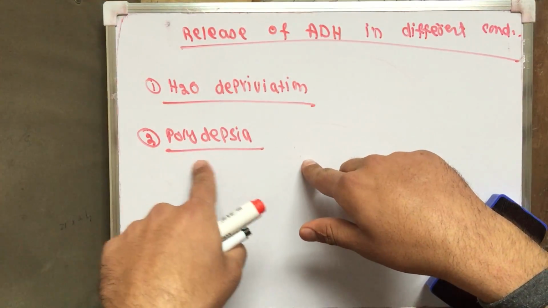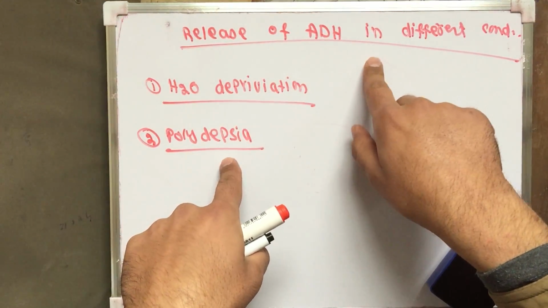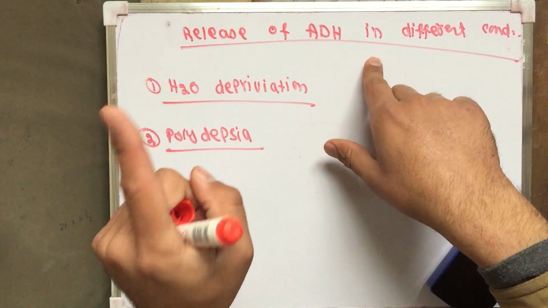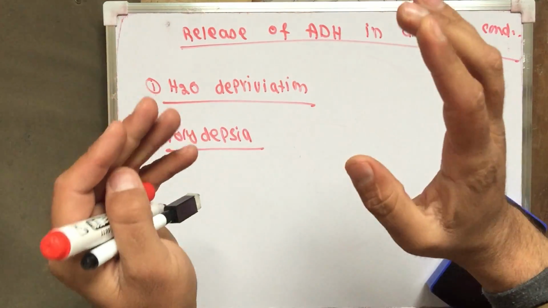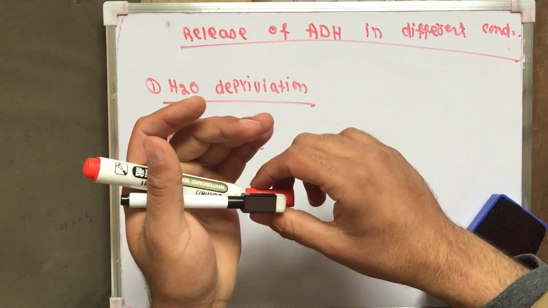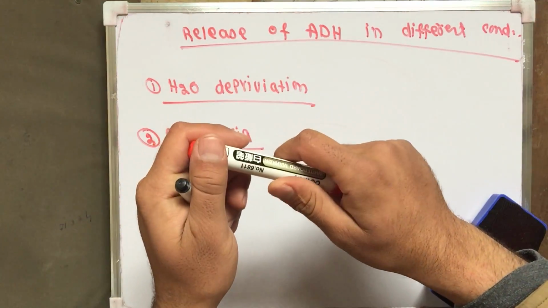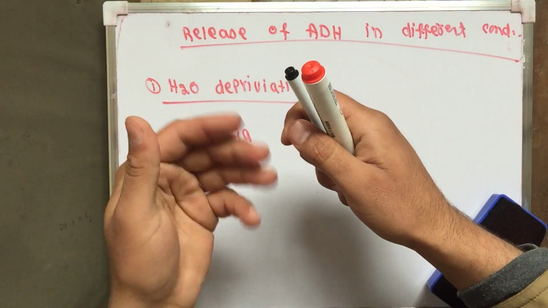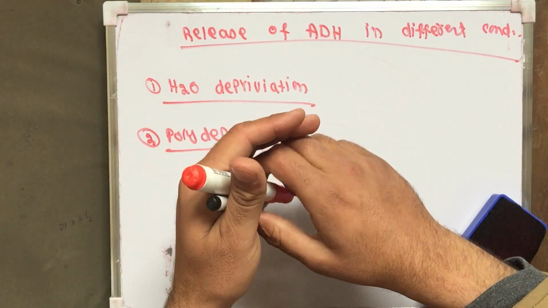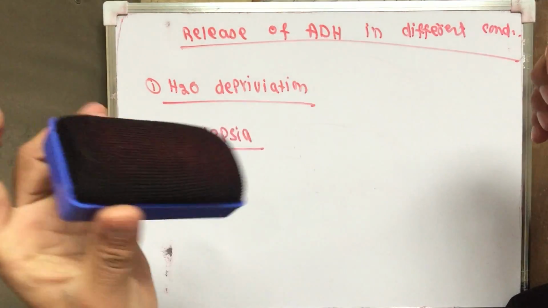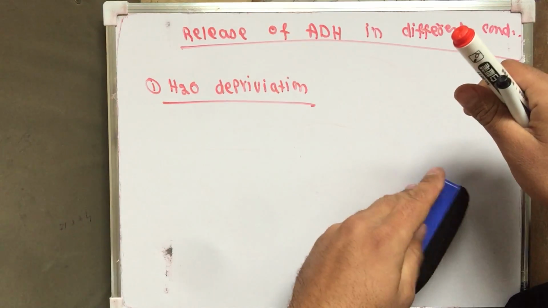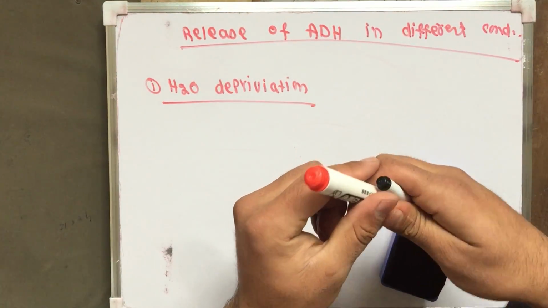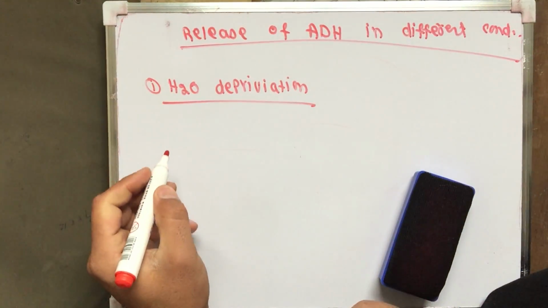So in case of polydipsia, I wrote it here, but this is not a condition in which ADH is released. I just write it. So in this case, ADH secretion is decreased because we take a lot of water and we have a lot of water in our blood plasma. Another condition in which ADH is released is circulatory shock.